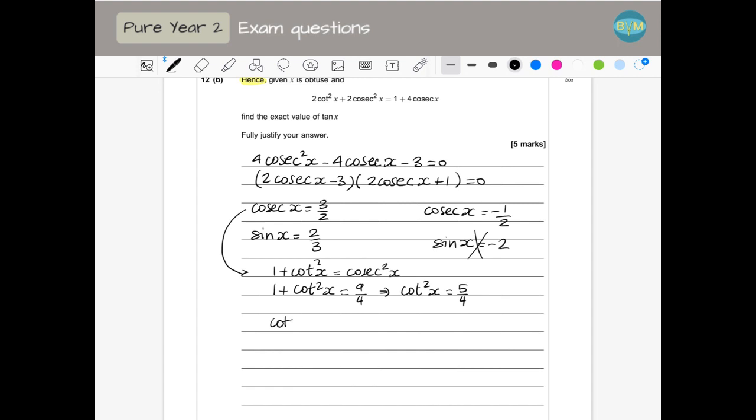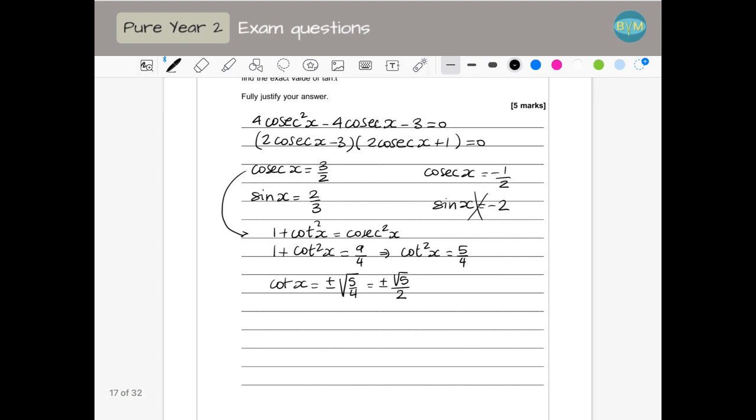Therefore, cot x is going to be plus minus square root of 5 quarters, or plus minus square root of 5 divided by 2. This is cot, and we know that we want tan. So tan x is the reciprocal of cot, which means it's going to be plus minus 2 divided by root 5.